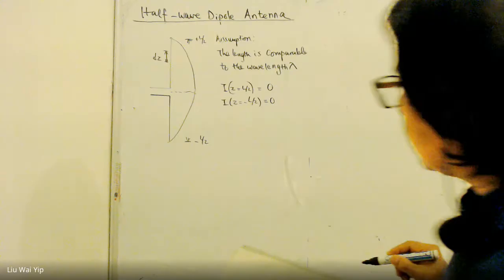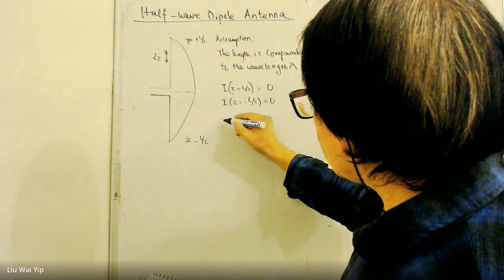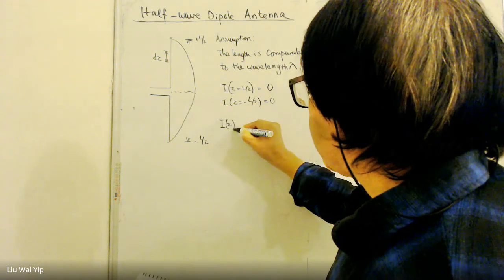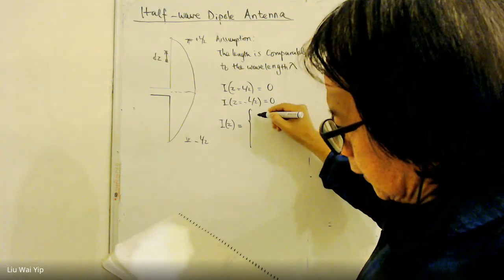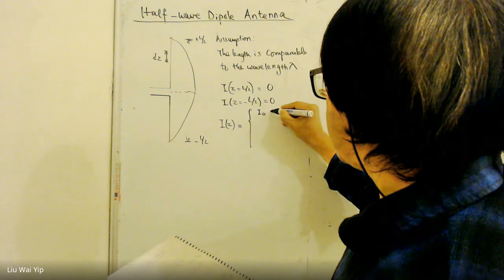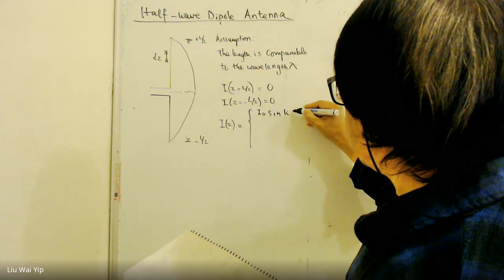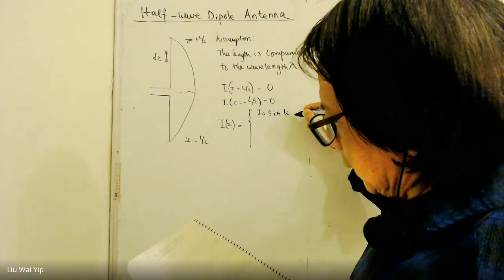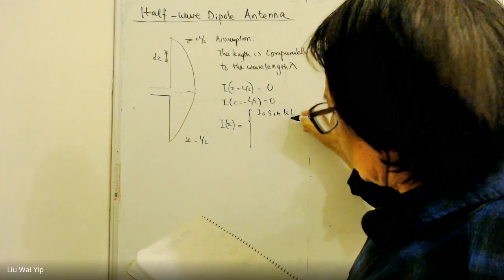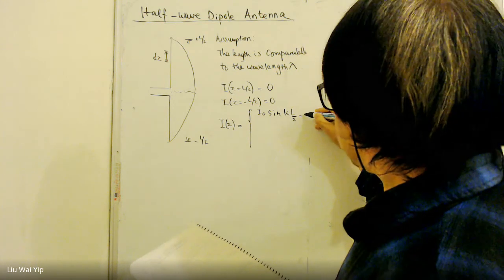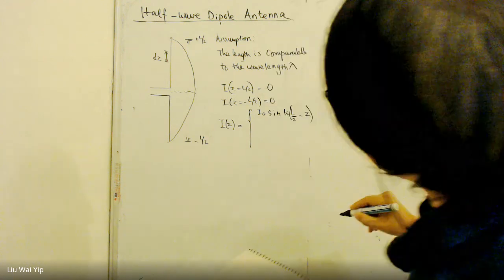In this case, the current is going to be sine k, L divided by 2 minus z, for the upper segment.